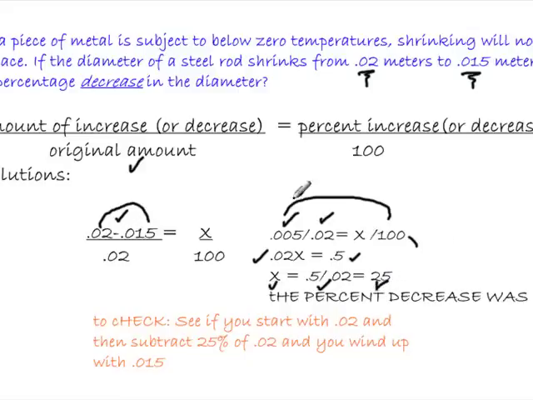So really, x is 25, and of course, that means that 25 over 100 means that the percentage decrease was 25%. Best way to check it: start with 0.02, multiply 0.25 times 0.02 and subtract them and see if you wind up with 0.015. And you do.